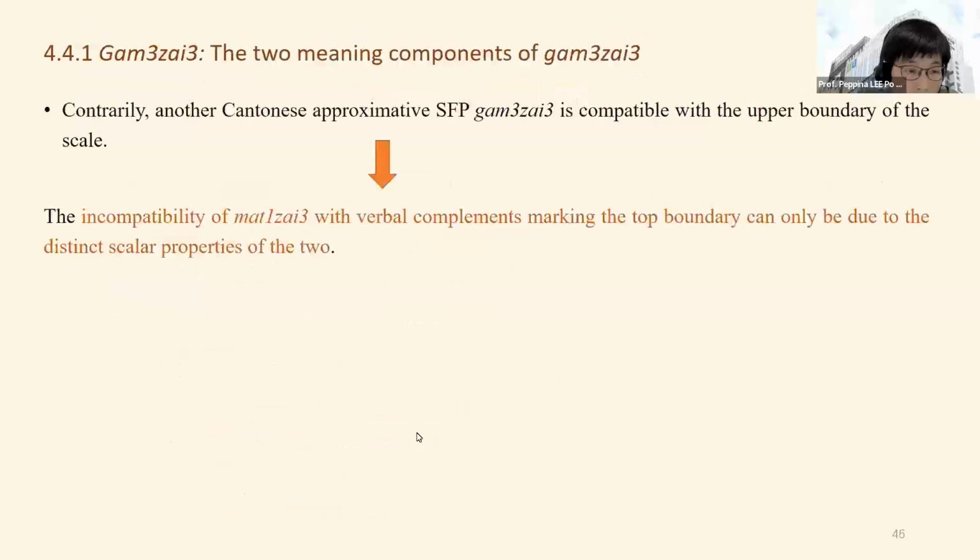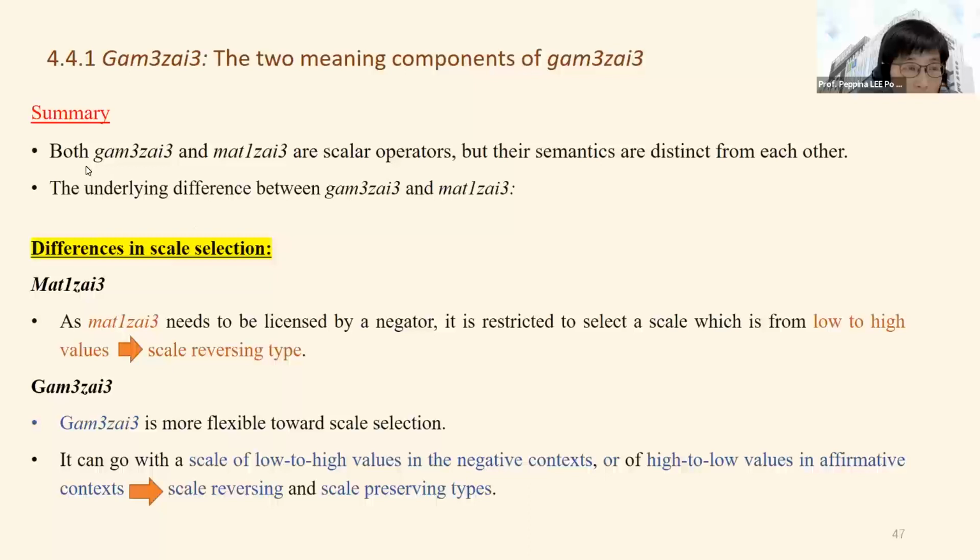Because 完 basically marks the completion point of the event, which is the top boundary of the event, its incompatibility with 乜滯 is naturally predicted. However, 咁滯 is fine here. Both 咁滯 and 乜滯 are scalar operators, but their semantics are distinct from each other, as you see from the example just now.